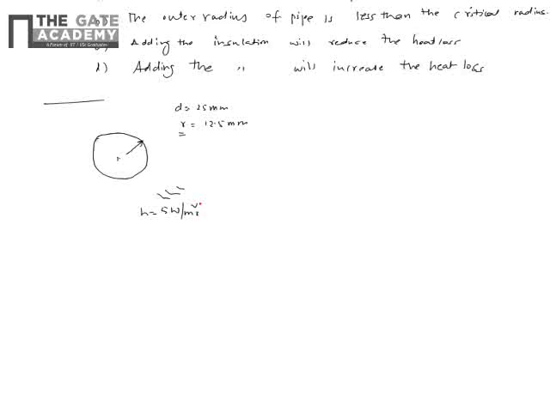So you need to add an insulation. It is proposed that you add insulation having a thermal conductivity K of 0.05 watt per meter Kelvin. So which one of the following statements is true?